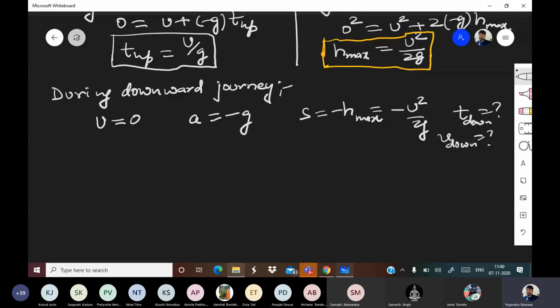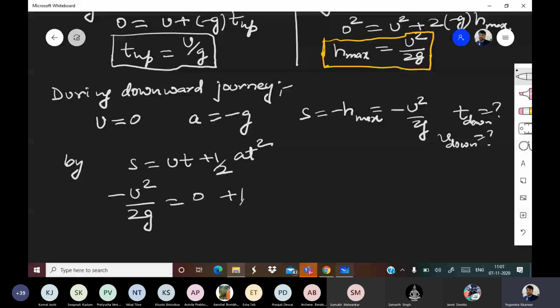So these two things we need to find: how much is t down and how much is velocity when it reaches back. So again by s is equal to ut plus half at square, s is nothing but minus u square upon 2g is equal to 0 plus half into minus g into t down square.